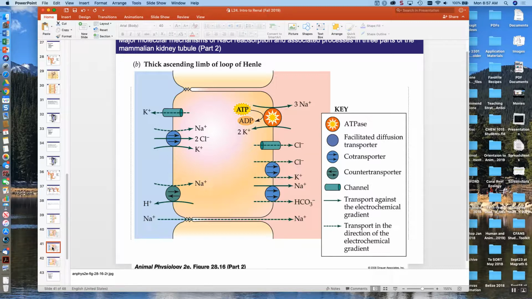All right, so glomerulus, proximal tubule, loop of Henle, and now we're here at the thick ascending limb. Here's the thick ascending limb of the loop of Henle. The blue is the inside of the nephron. The red is the outside of the nephron that's closest to the blood supply.